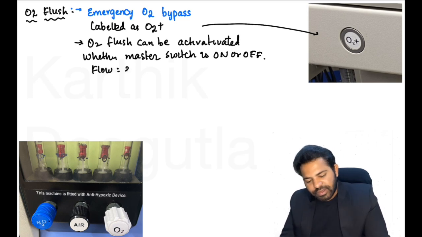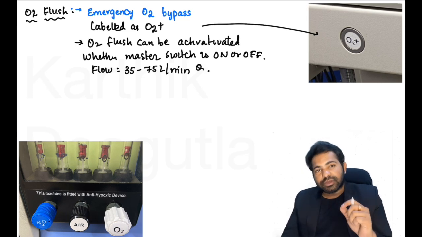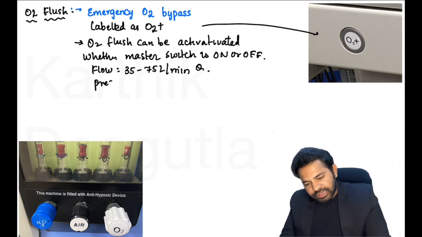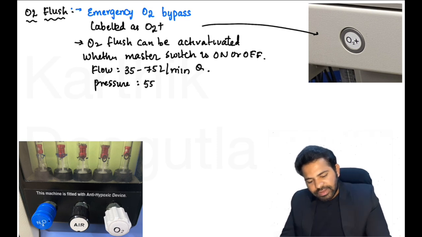Then how much is the flow? It is about 35 to 75 liters per minute. This can be a question. This is important. The flow can be 35 to 75 liters of oxygen per minute. Then what is the pressure? Since it comes under the intermediate pressure system, the pressure is 55 to 60 psi.